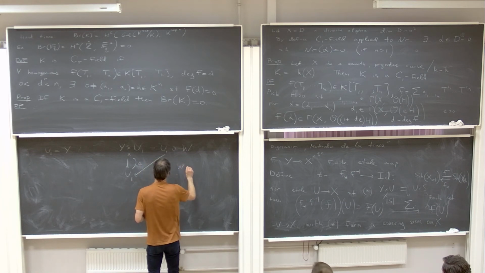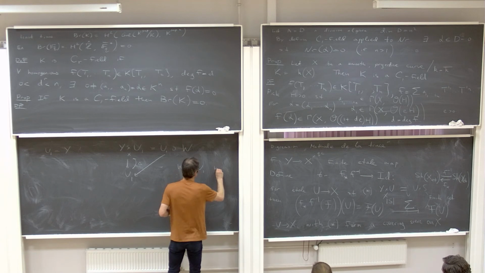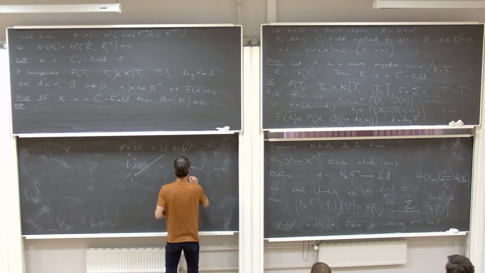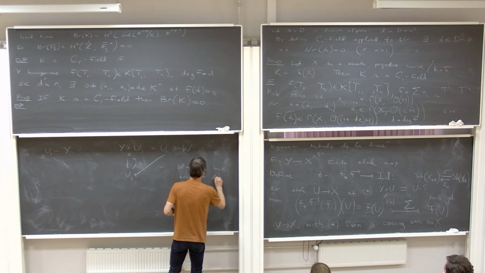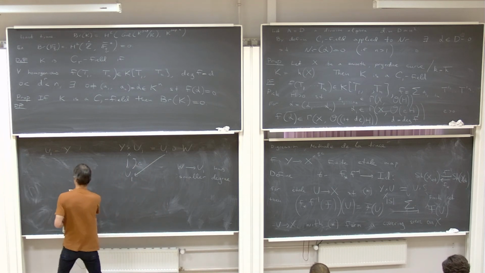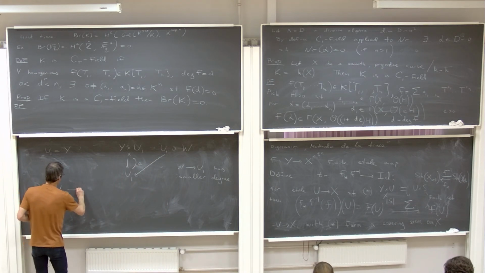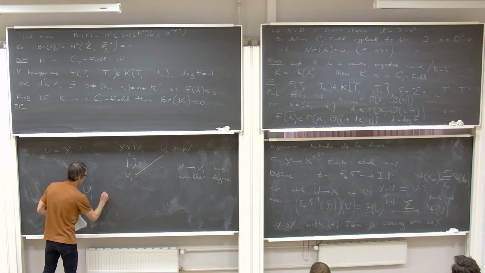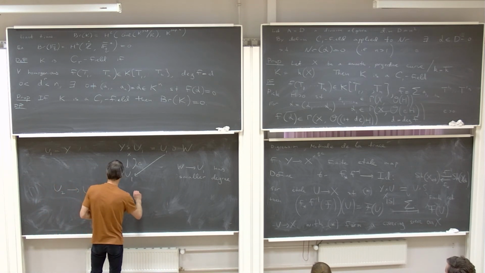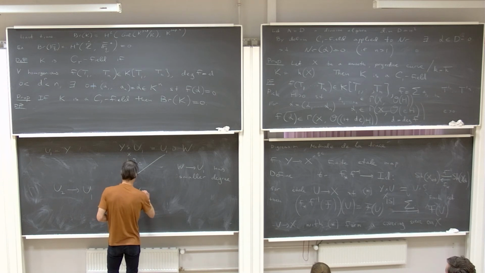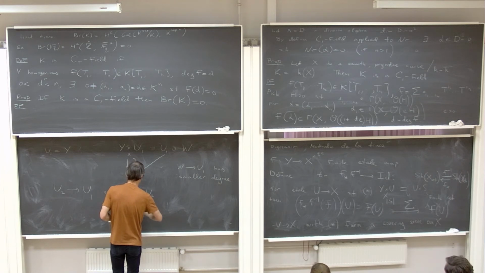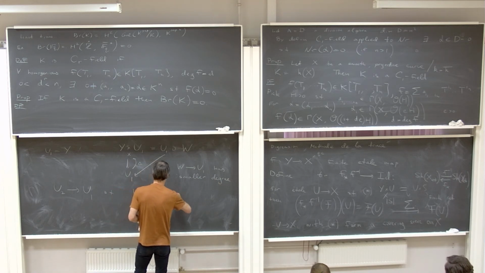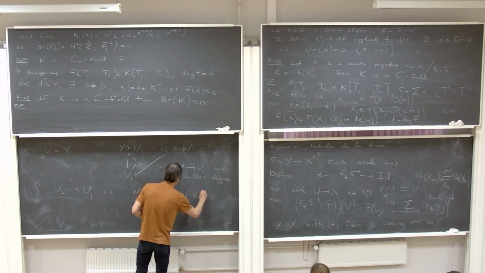So W to U1 has smaller degree. Now you construct U2 mapping to U1 such that W times U2 over U1 is a union of U2 plus something else, and so on.